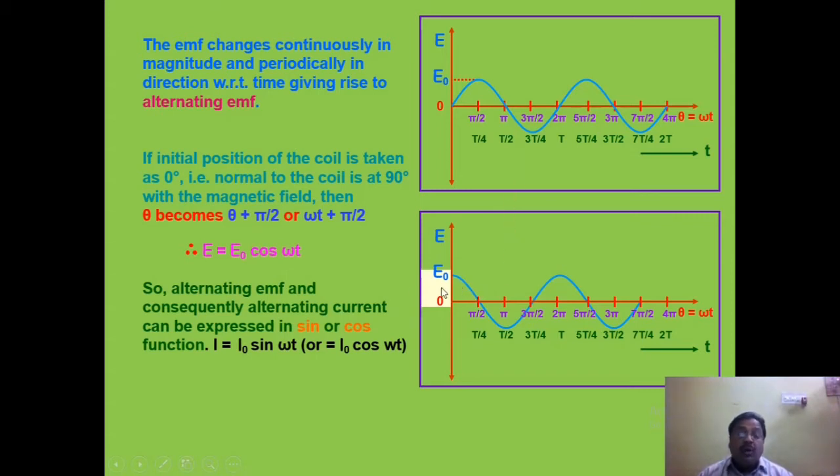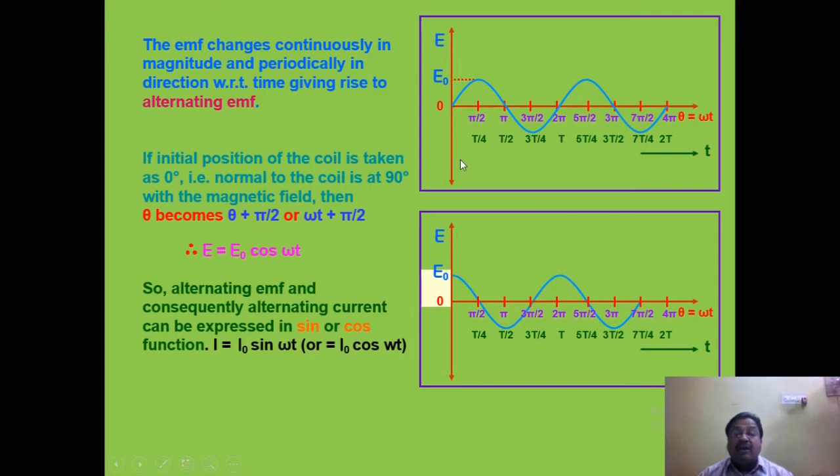And consequently, what will be the current? You know, EMF divided by the resistance of the circuit, E by R, becomes current I. Similarly, the maximum value of EMF, E0, divided by resistance R of the circuit becomes I0. So current consequently is alternating in character: I equals I0 sin omega t or I equals I0 cos omega t.